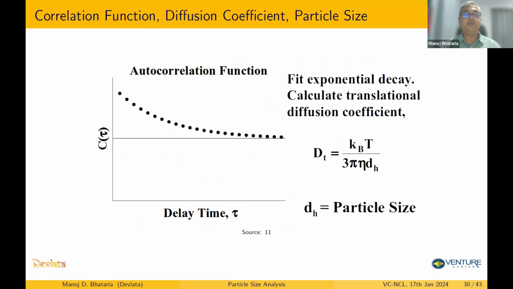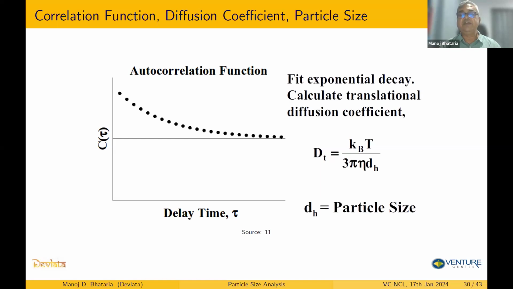So you have the C(tau). What the hardware, or the instrument, does is measure the correlation function at different tau and give these values to the software for calculation. The software does an exponential decay fit. Based on the exponential decay, it calculates the translation diffusion coefficient, Dt, and this diffusion coefficient has one value called Dh, which is the particle size.